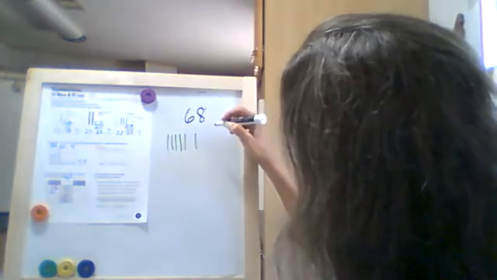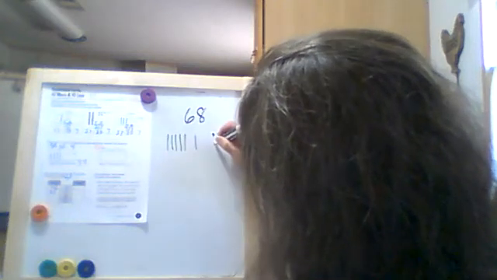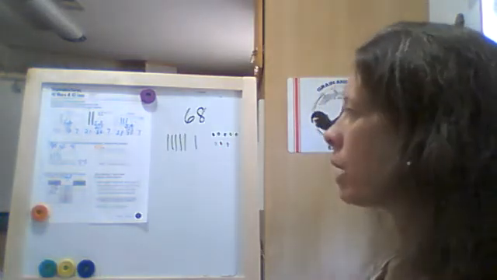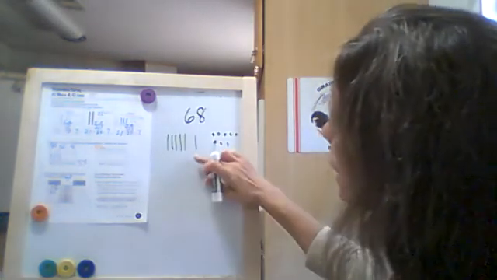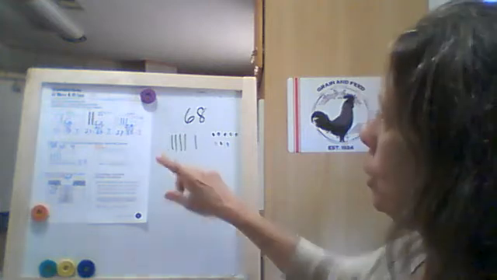And 8 spots. 1, 2, 3, 4, 5, 6, 7, 8. 6 sticks and 8 spots. But if I took one away, now how many sticks do I have? 1, 2, 3, 4, 5. 5 sticks. And how many spots? Still have 8. I didn't take any away.